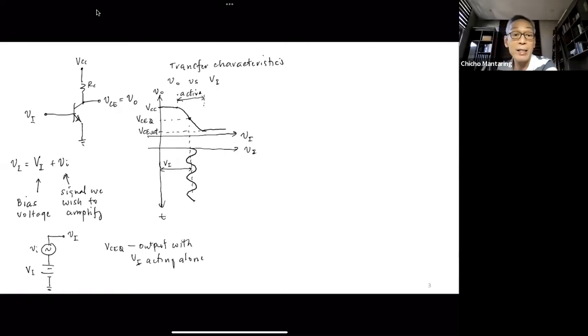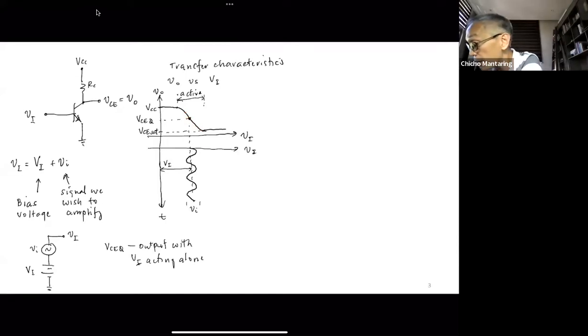That is my bias. And then the variation is small v_i. So as this changes with time, as my v_I is increasing, my output will go toward saturation. And as v_I is decreasing, it will go toward cutoff. So my output will be going up and down here.